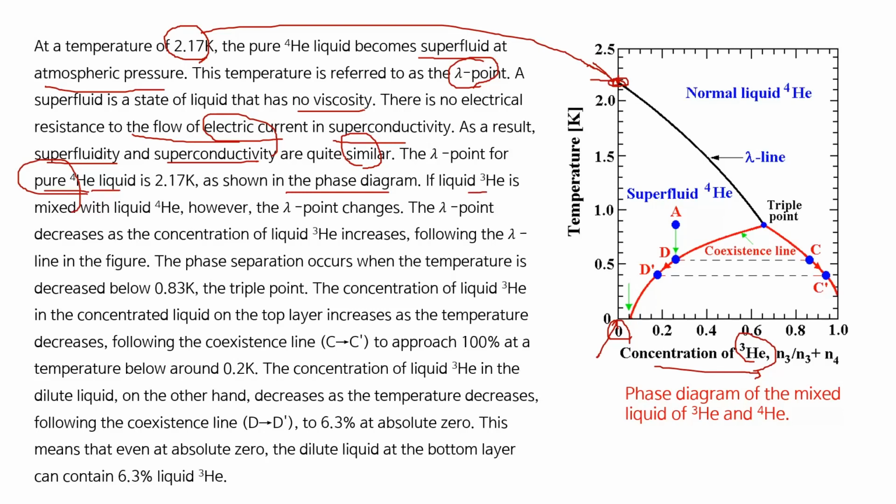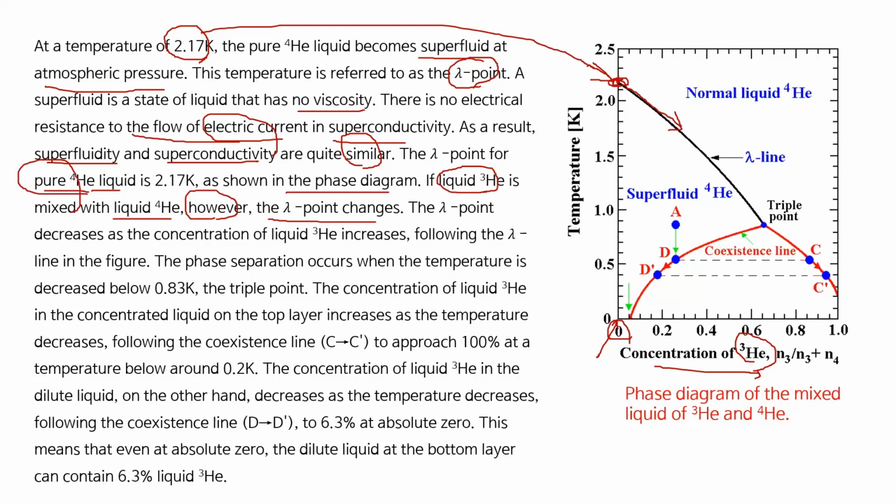If liquid helium-3 is mixed with liquid helium-4, however, the lambda point changes. Okay? So if we put more liquid helium-3 in the dilute liquid, then the lambda point is changing, right? This way.